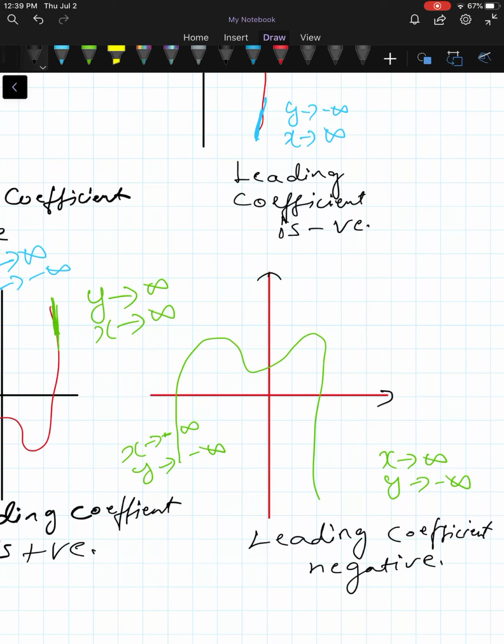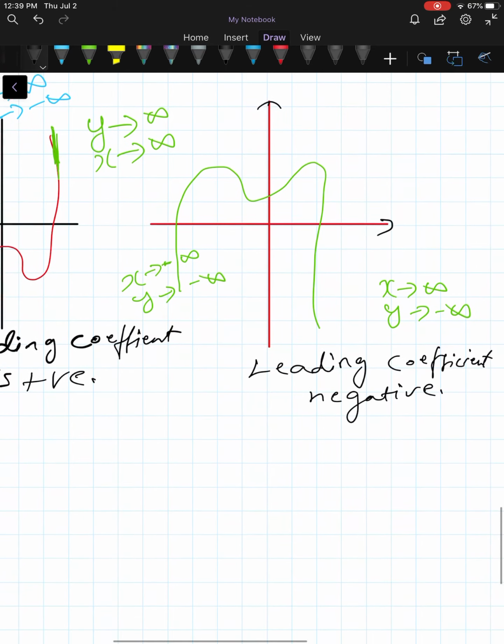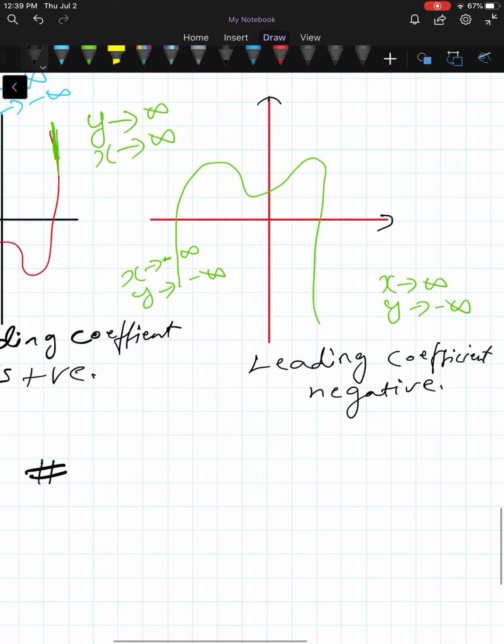So let us do an exercise problem. I will consider problem number 12. A polynomial function is given. Describe the end behavior of the polynomial function. Match the polynomial function with one of the graphs, 1, 2.